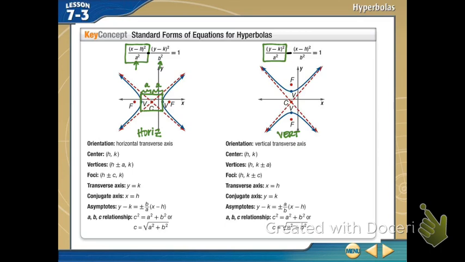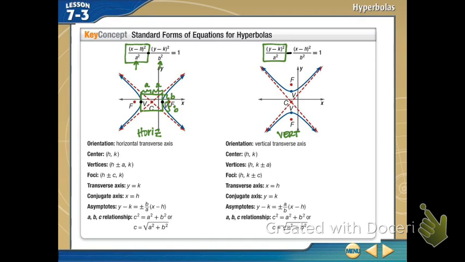And then this distance right here, the distance from the center up to the top of the box is b, and then again down, this is b. So the box is like 2a by 2b. And then you'll notice that the asymptotes are the diagonals of the box. And then the hyperbola is drawn from the vertices, here and here, out toward the asymptotes on each side.